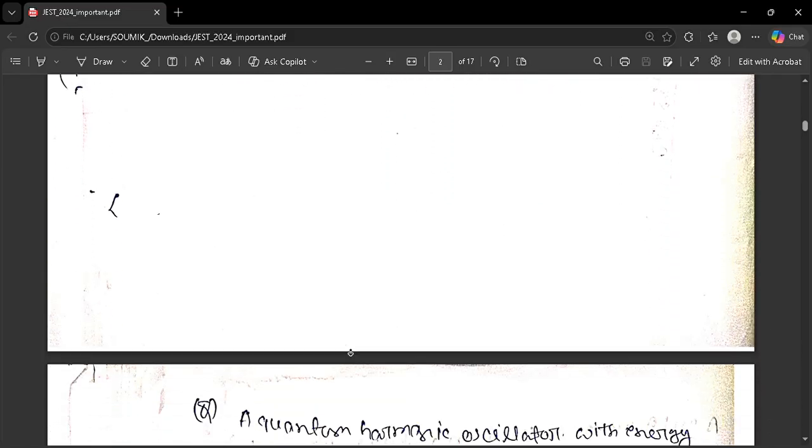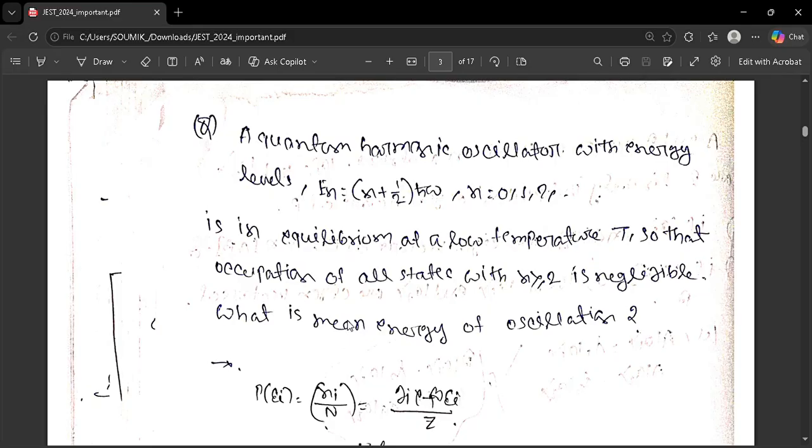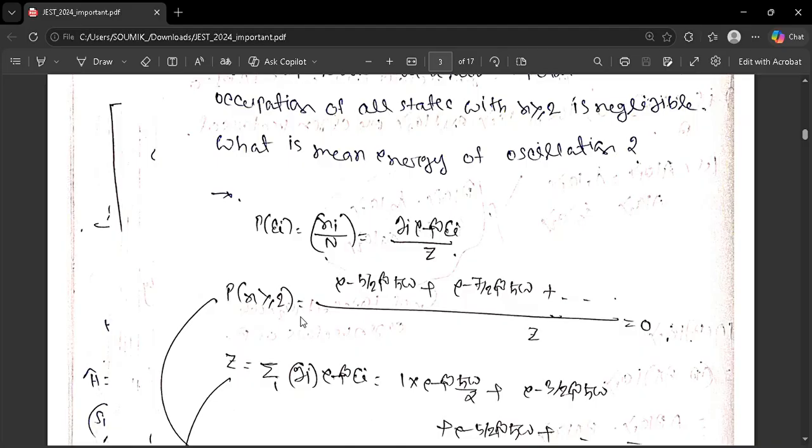Then next question: a quantum harmonic oscillator with energy levels (n plus 1/2) h-bar omega is in equilibrium at low temperature T, so that the occupation of all states with n greater than or equal to 2 is negligible. What is the mean energy of the oscillator? This is a very interesting question. For n equal to or greater than 2, all states are negligible. So we know that the probability for n equal to or greater than 2 is negligible, meaning it should be equal to 0 or nearly 0.